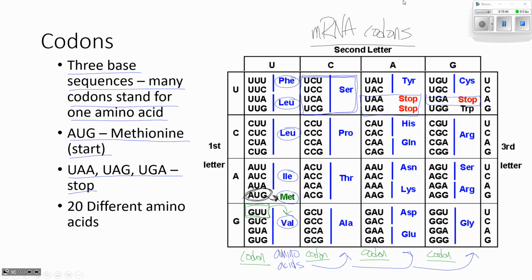It's just that this is what happened. And this actually makes sense when we think about why there might be a little bit of redundancy here. But I'm going to let you all puzzle through that a little bit later today. So there's 20 different amino acids that all get hooked together to make proteins.